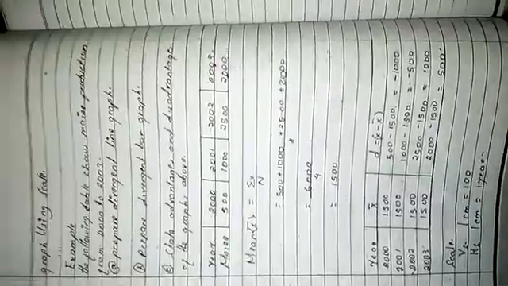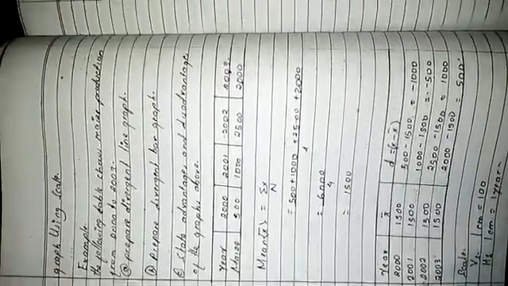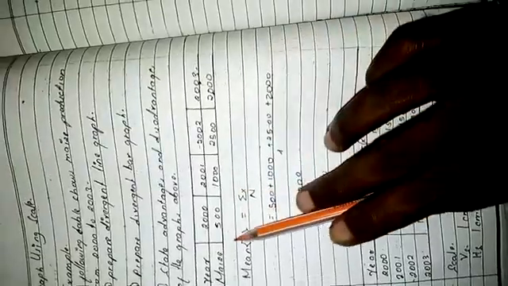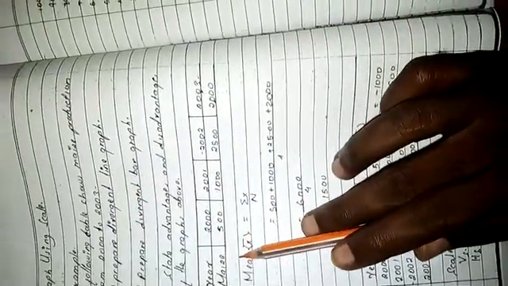So how do we do this? Check the procedures here. We have said that step number 1 is to find the total value of the data. For example, we are given a question here in a table. We have a year and we have maize production.